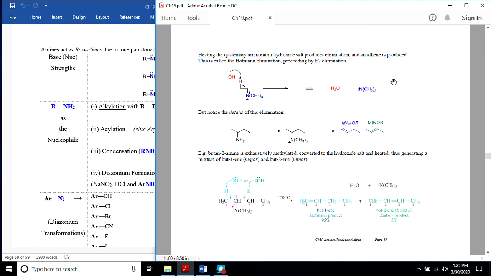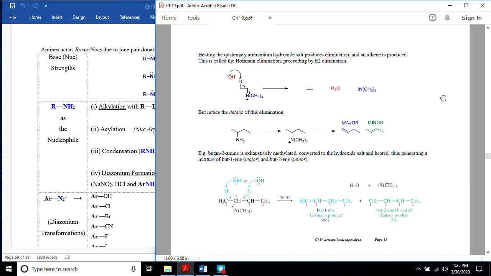That's what we're seeing here. But if you look at the details of this elimination, so exhaustive alkylation of your amine gives you this good leaving group. When we do our elimination conditions, our product distribution is unusual in that the major product is not the Zaitsev product.